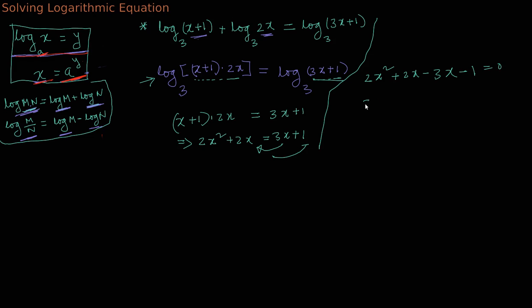So I get 2x square minus x minus 1 equal to 0. This is again a classical quadratic equation. You can solve it by factoring or you can use the quadratic formula. This time I'm going to use the quadratic formula.